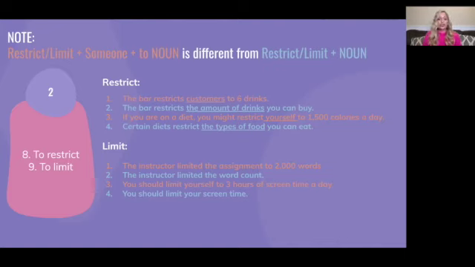And number 4, you should limit your screen time. So they have similar meanings, but the pink one just includes who is being limited and what they're being limited to. Whereas the blue one just uses it transitively with a direct object, and it only focuses on what is being restricted or limited.